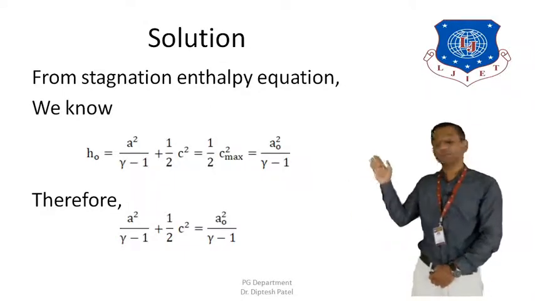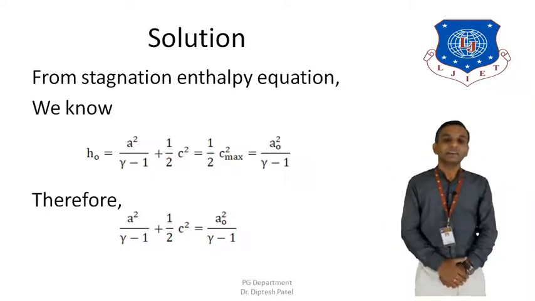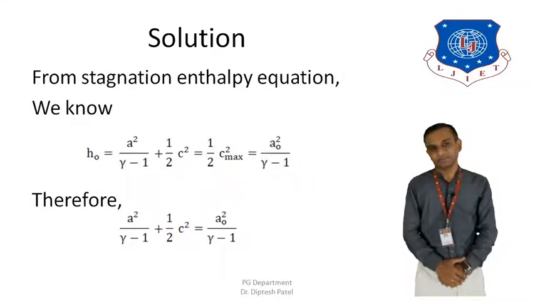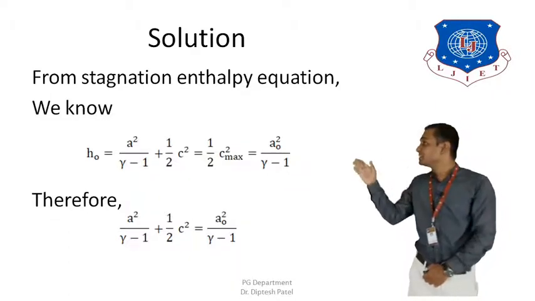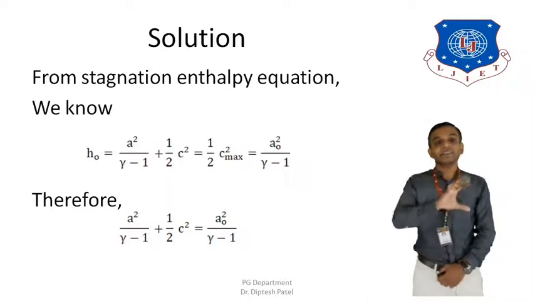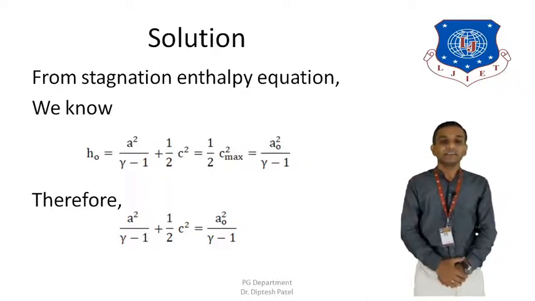Therefore h0 is equal to a square divided by gamma minus 1 plus 1 divided by 2 C square, is equal to 1 divided by 2 C max square, is equal to a0 square divided by gamma minus 1. So these are the stagnation enthalpy equations. Now using this equation, we can equate a square divided by gamma minus 1 plus 1 divided by 2 C square, which is equal to a0 square divided by gamma minus 1.